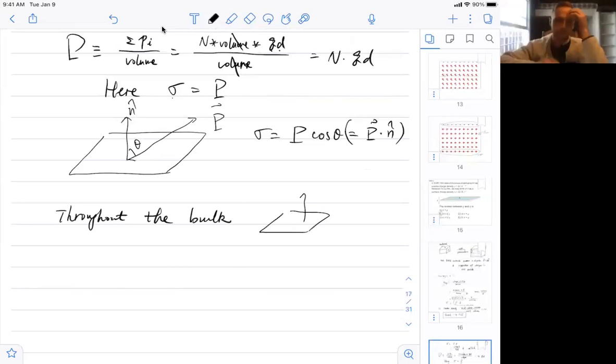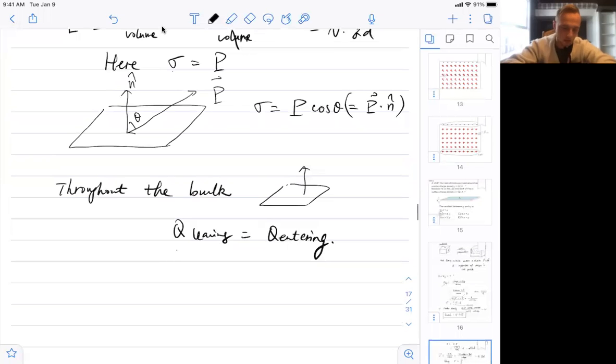Have a little polarization going on. So the bulk will get a Q because a Q will enter this bulk, passing through it due to polarization. But Q leaving is equal to Q entering. There is no impact everywhere else except at the surface.